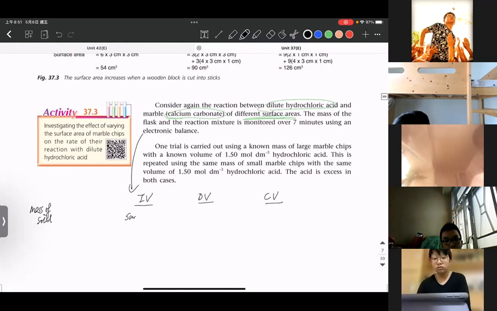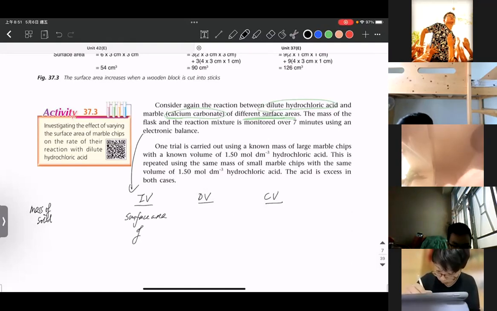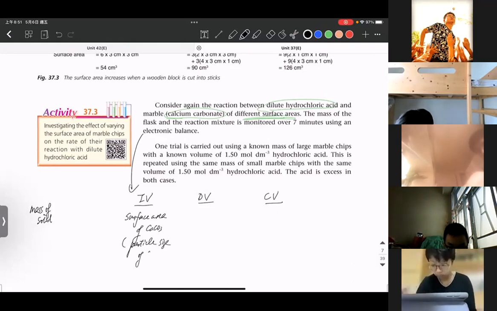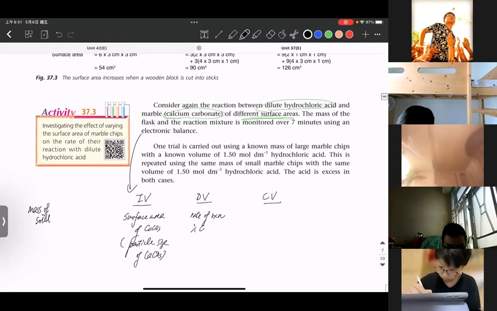Instead, you just mark it as surface area of what? Of calcium carbonate. Or you just say that it is particle size of calcium carbonate. About the dependent variable, it is the rate of reaction between calcium carbonate and HCl.